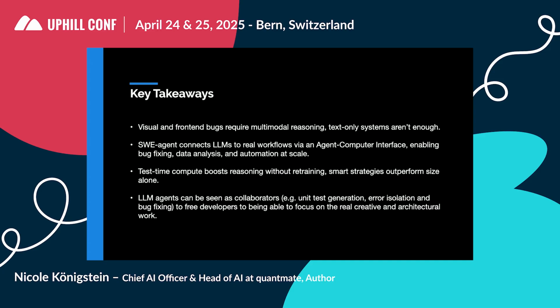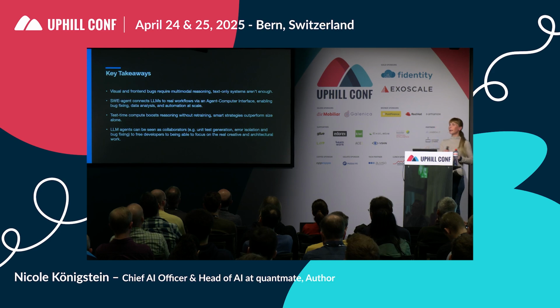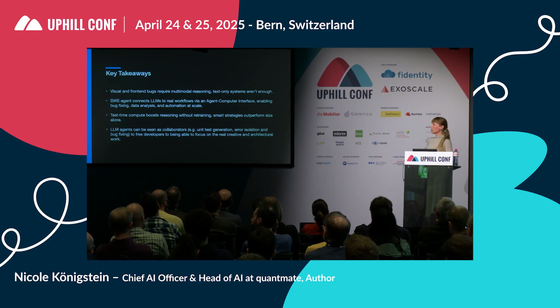Then, like I mentioned at the beginning, look into the agent-computer interface, because it gives the agent kind of an IDE to solve your bugs and problems. And if you want to improve your models, look into test time compute. It can boost reasoning and makes things smarter, and you don't have to deploy those extremely large models.